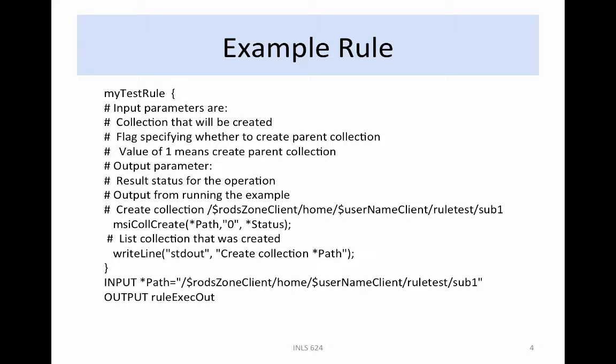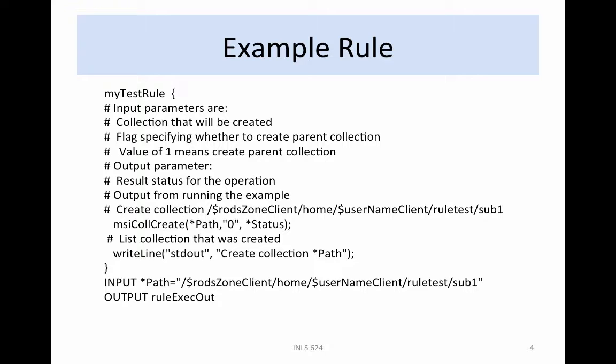A rule to create a collection is shown here. The rule starts with 8 comment cards that explain the input parameters and output. The rule calls a microservice, msiCollCreate, to perform the collection creation. A second microservice is called, writeLine, to print the results to standard out.